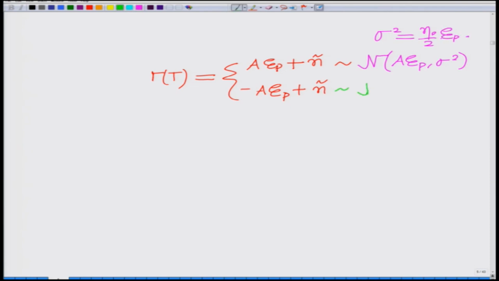This is also Gaussian. Minus A root E_p plus n tilde is Gaussian with mean shifted to minus A root E_p and variance sigma square. So, the way to distinguish the outputs is that corresponding to the transmission of plus A, the output is a Gaussian random variable.